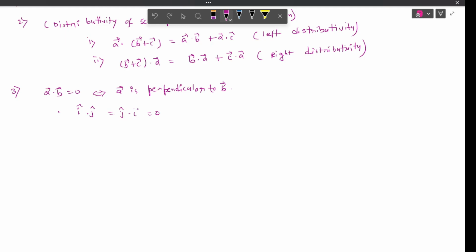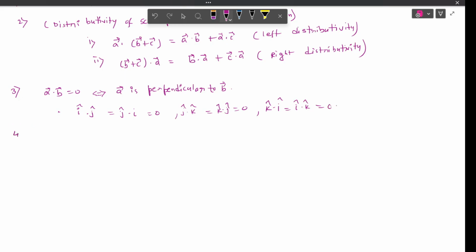Similarly, y and x are perpendicular, so their dot product should be 0. Similarly, j dot k or k dot j should be 0. Similarly, k dot i and i dot k should be 0.